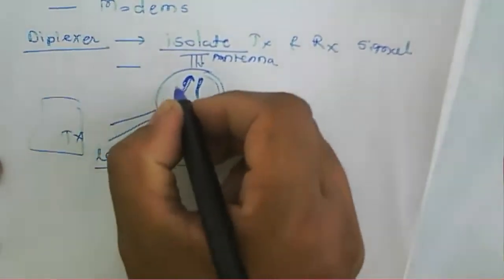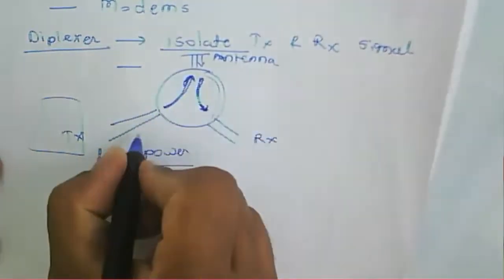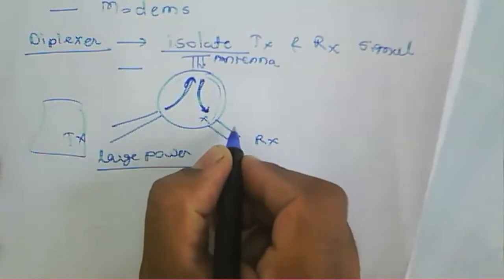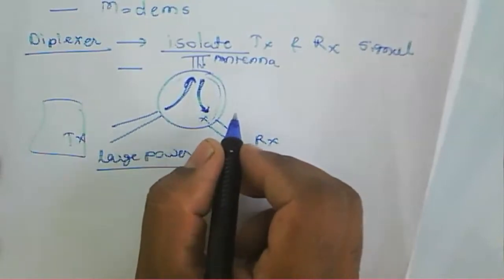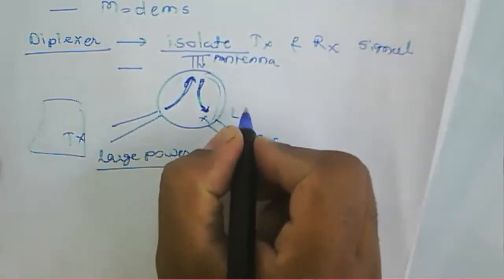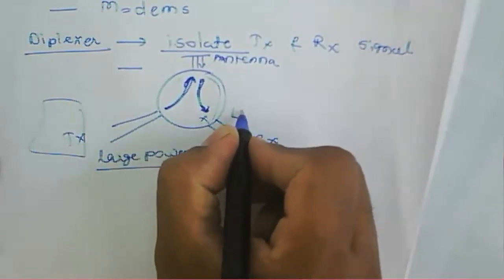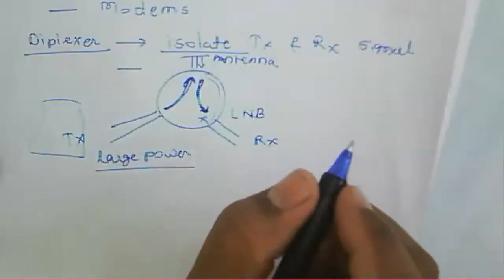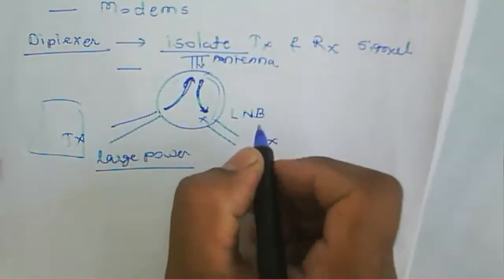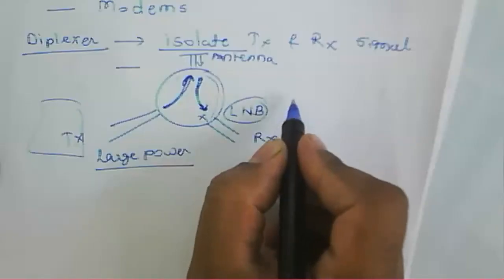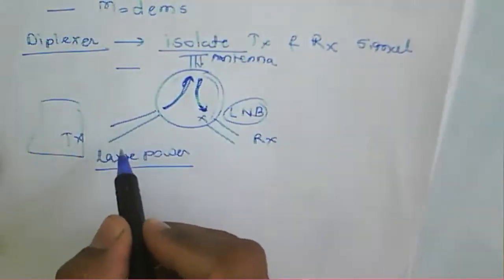When we transmit the large power from this transmitter, that large power should not reach the receiver, because the receiver has a low noise amplifier, or LNB, and that input is low as compared to the transmitting power.